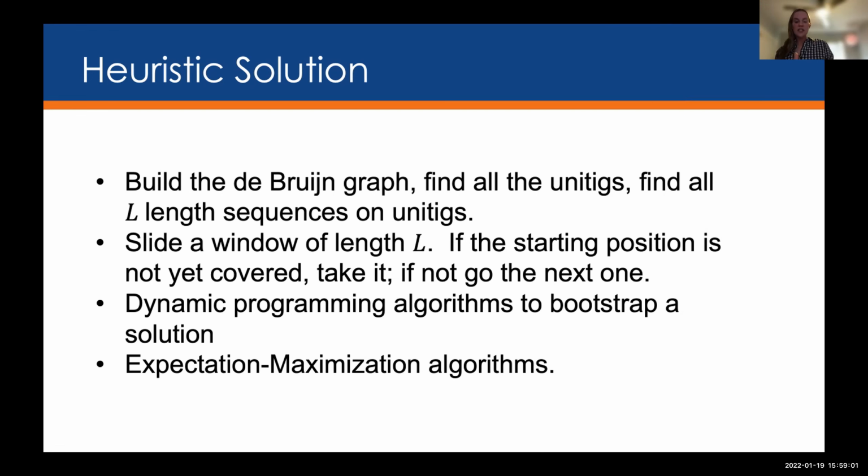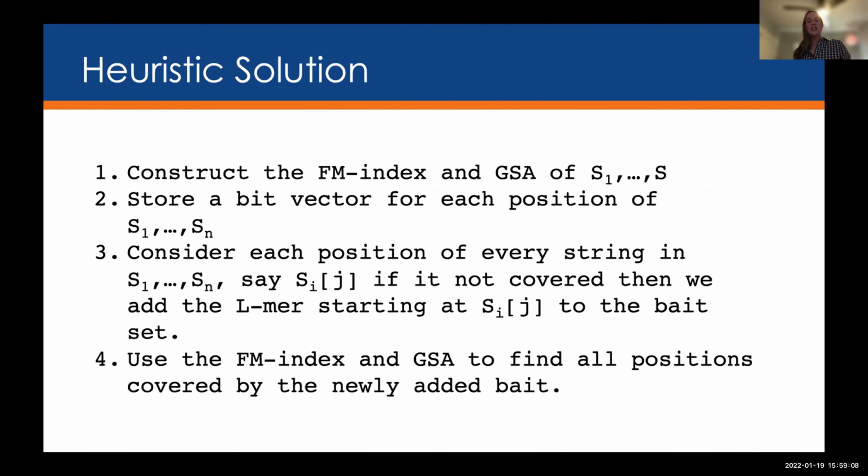What this essentially does is boil the problem down to a data structures problem. Why is it a data structures problem? Because we need to efficiently decide which other sequences are going to be covered by that new bait.